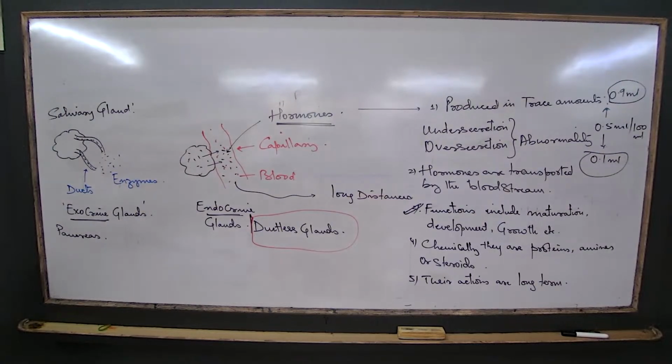Endocrine glands consist of a group of cells which secrete special chemical substances known as hormones.